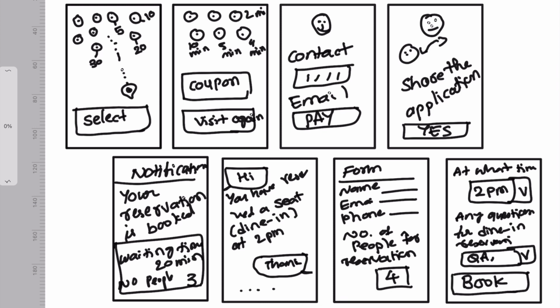In the first step, the user is trying to select a restaurant nearby the user location, and then if the user wants to use any coupon or any restaurant amenities or any restaurant related opportunities, they can use that, or the user can save their personal details in the application, or the user can share the application with others, so the other people also can know there is an application and they also will get benefit from that.